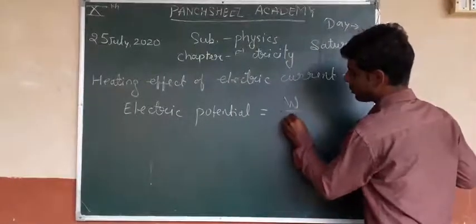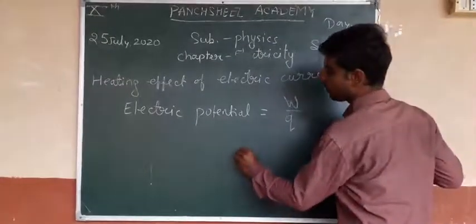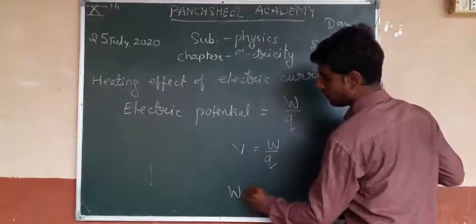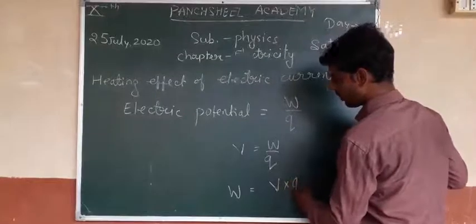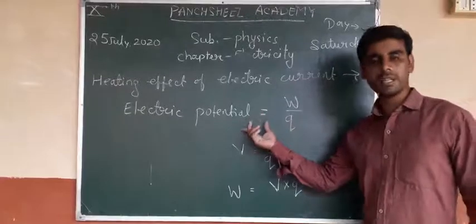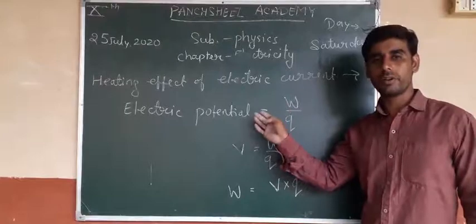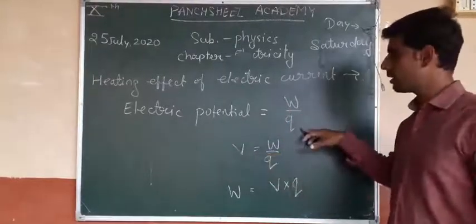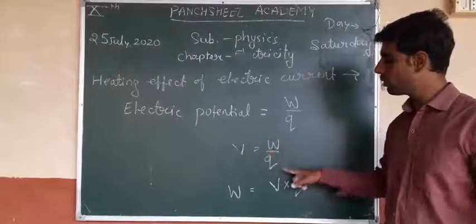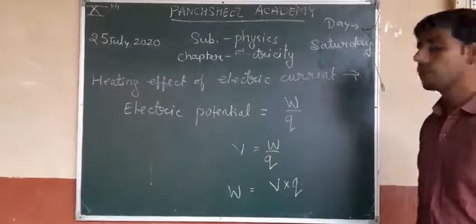Work done upon charge, or V equal to W upon Q, or W equal to V into Q. Electric potential is the amount of work done required to carry a unit positive charge from infinity to a particular point. And here W is the work done.